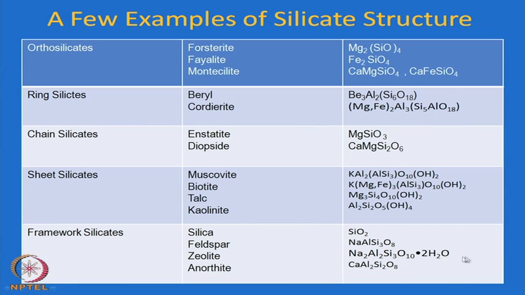One important characteristic of zeolite is that the structure is such that it has crystallographic channels, very fine channels at the level of angstroms, and that makes it useful for many purposes, including catalysis.